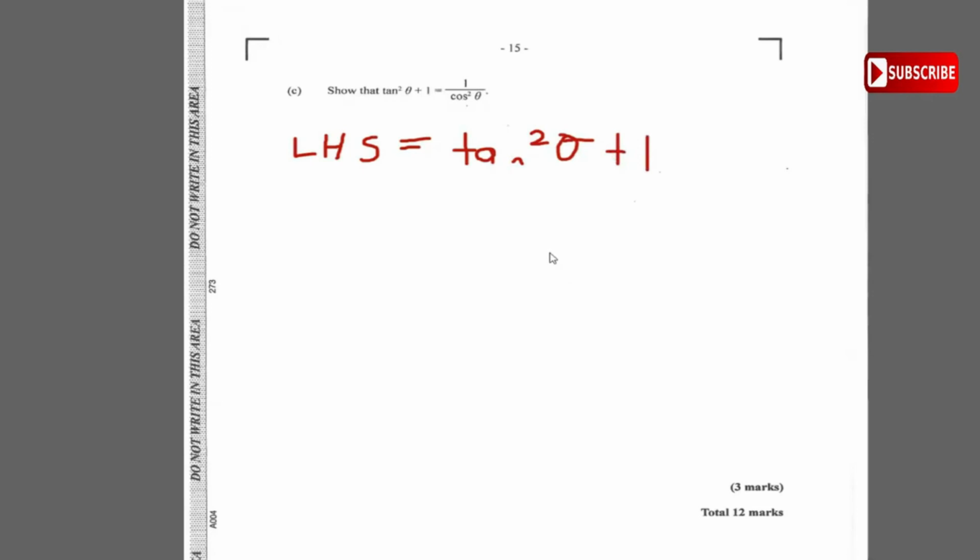What we can do then is change tan squared to sine squared over cos squared. Tan squared theta is sine squared theta over cos squared theta, plus 1.